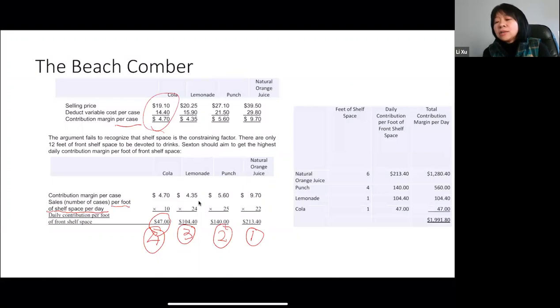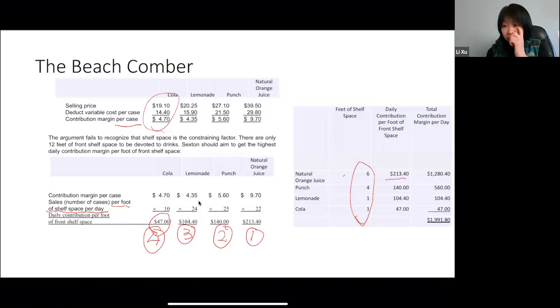So there are a couple of ways to do it, but because it has a minimum, I always put the 1 first, to make sure at least each drink has 1 foot on the shelf. Okay, so here you want to put 1 first on each row. Then you want to maximize based on how they ranked. So for orange juice, we're going to try to put all 6 feet in it. So when you put 6 feet, that is your contribution margin.